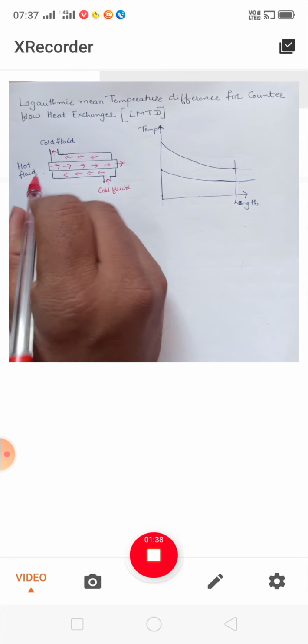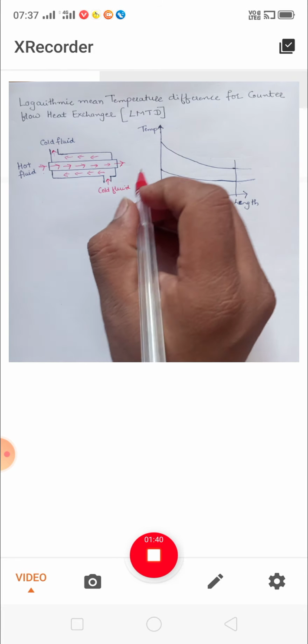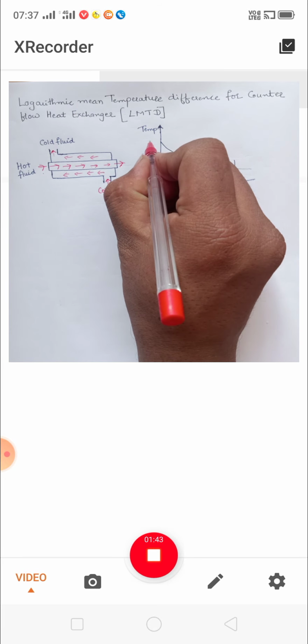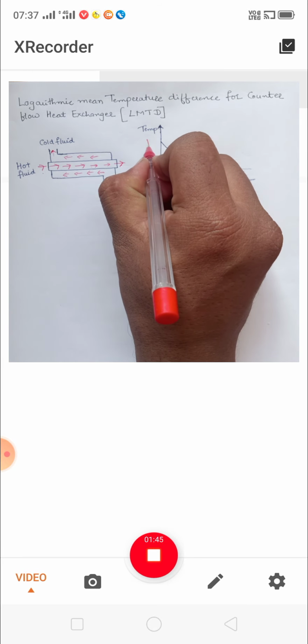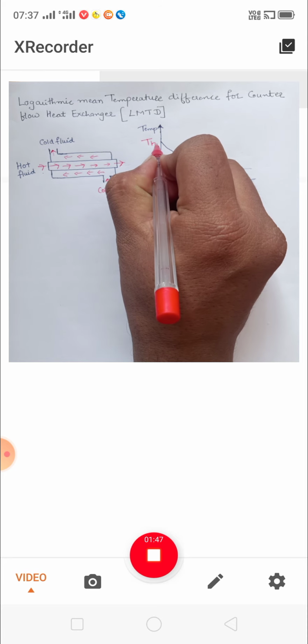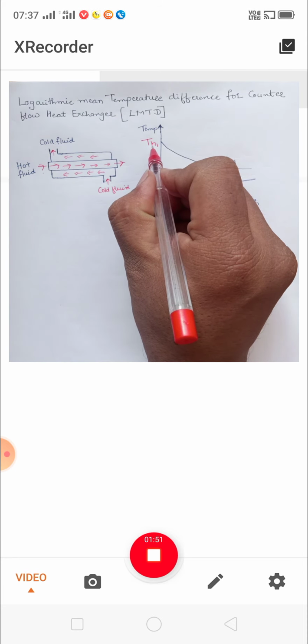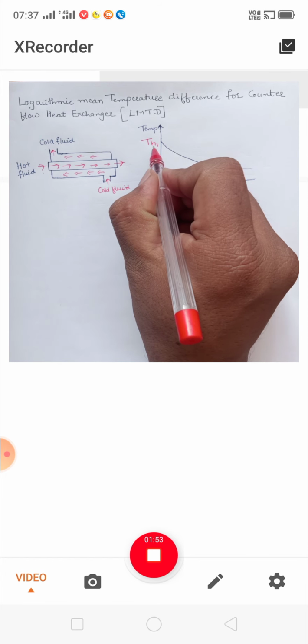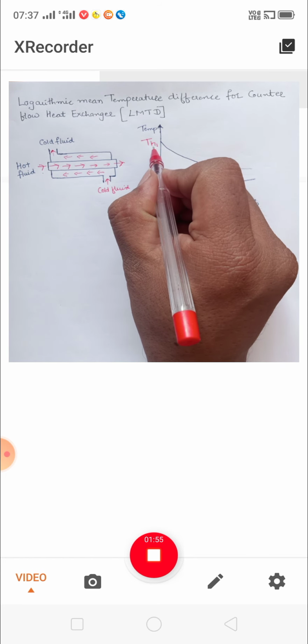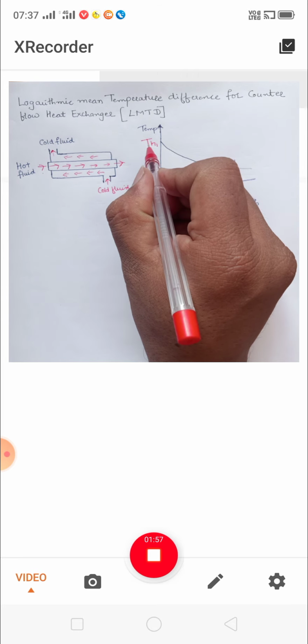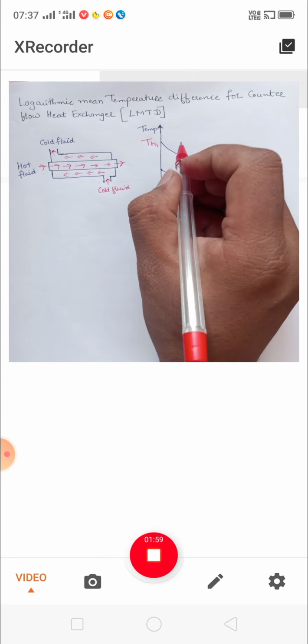So this hot fluid enters the heat exchanger at a temperature TH1. The subscripts H and 1: H stands for hot fluid, 1 stands for the inlet of the heat exchanger.